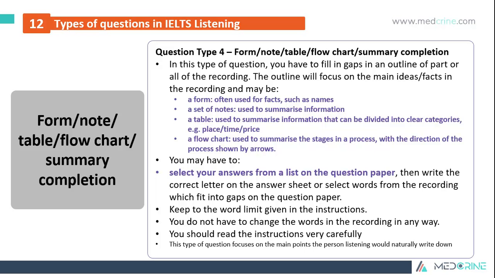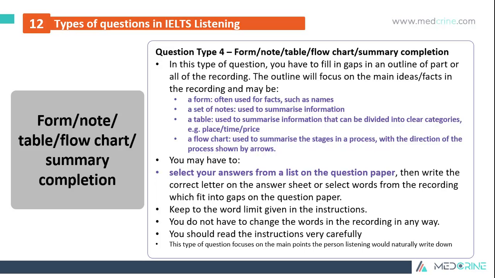In a flowchart, remember, it is used to summarize stages in a process, with the direction of the process shown by arrows. In this type of question, you may need to select your answers from a list in the question paper and then write the correct letter on the answer sheet, or select words from the recording which fit into the gaps on the question paper.